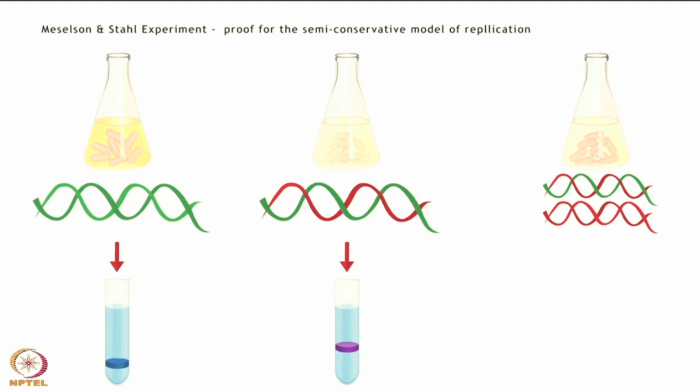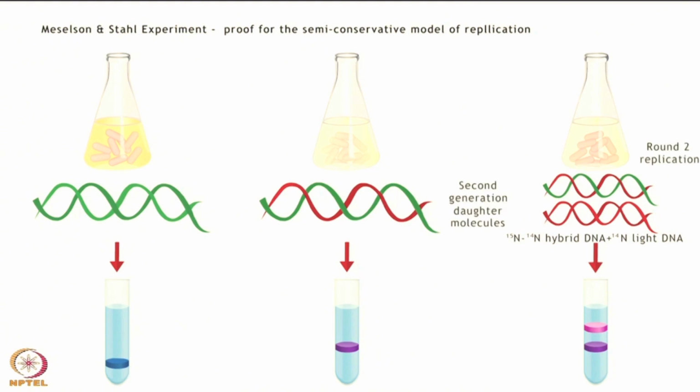This corresponded to N14, N15 DNA, while the second generation showed two bands, one of N14, N15, and the other of N14 light DNA. These results exactly matched the semi-conservative replication model.